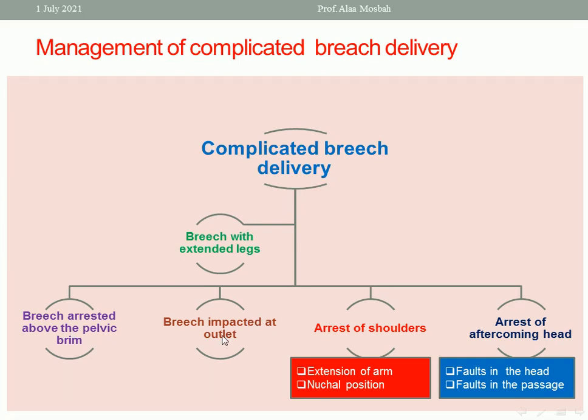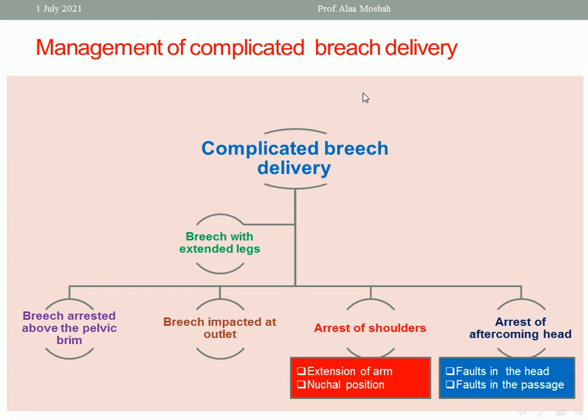Or breech impacted at the outlet, and this is a very big problem because the breech descends through the inlet but is impacted at the outlet. Or arrest of the shoulders due to extension of the arm or knuckle position, or arrest of the aftercoming head due to faults in the head or faults in the passage.